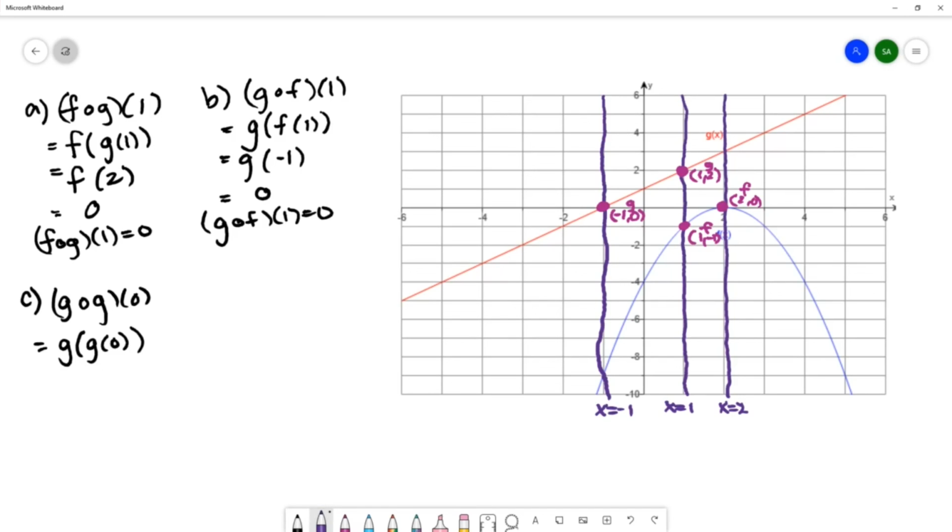And on our graph, let's mark with an x of 0. And I've got, for the graph of g, an intersection point right here, and that's the point 0, 1. So g of 0 is 1. And now we have g of 1, which we already have marked right here. G of 1 is 2. So we found g composed with g of 0 to be 2.